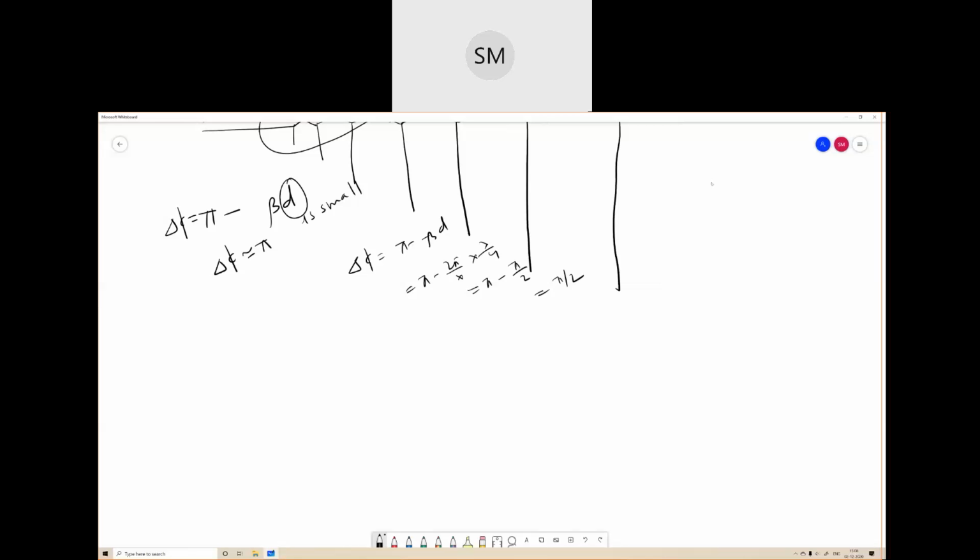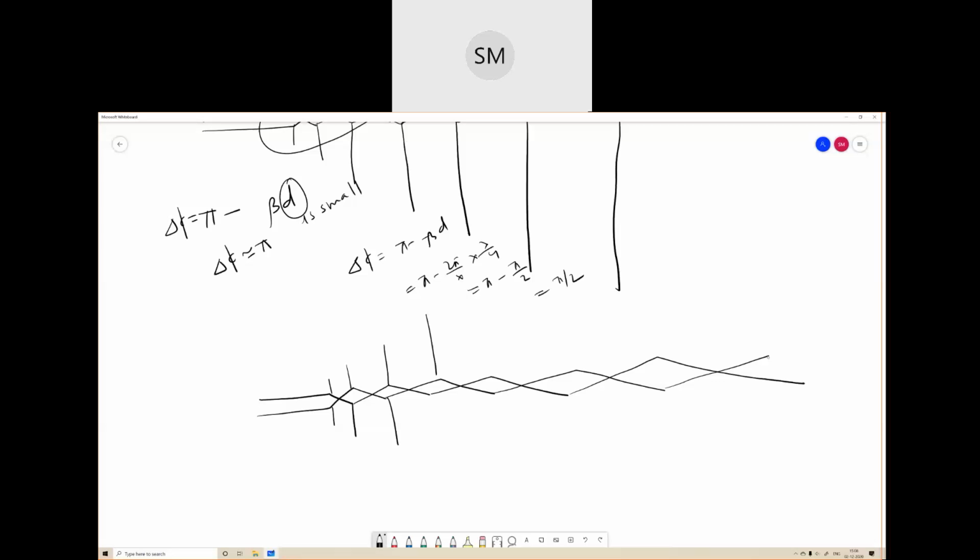This is my log periodic antenna. In this part there is no loading.